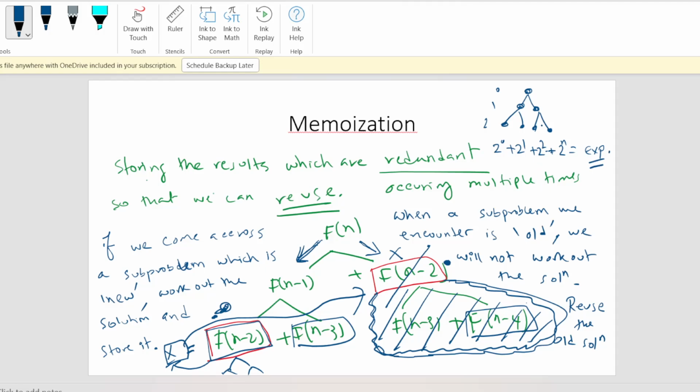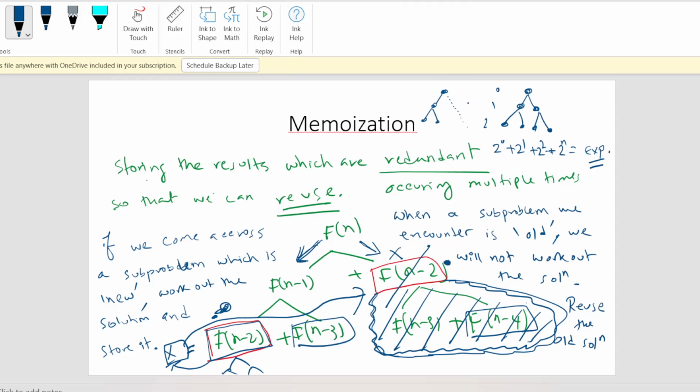And if we memoize, then we will see that if I look at this tree, we have the first problem, then we have these sub-problems, and then we don't have anything over here because we have reused them.